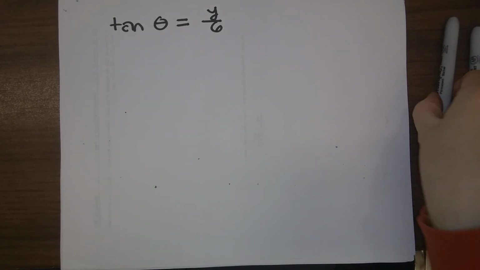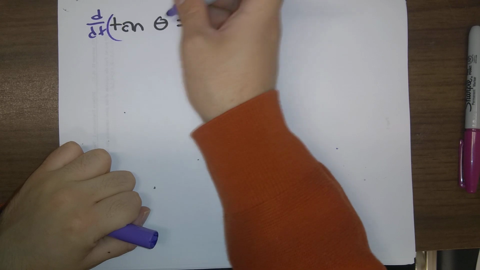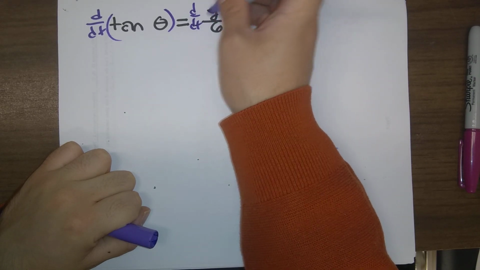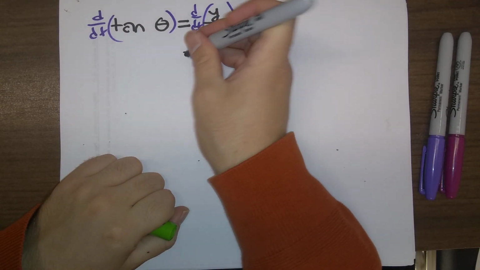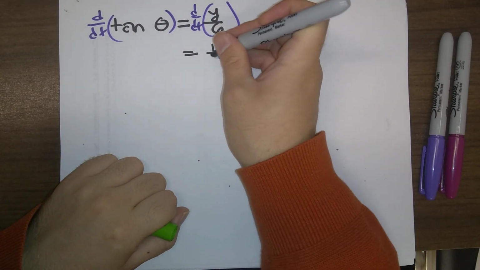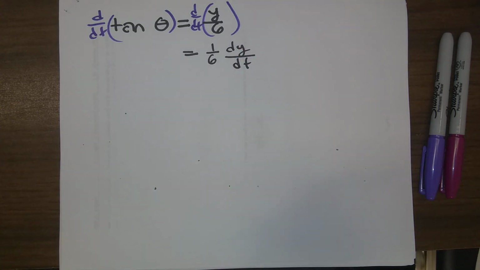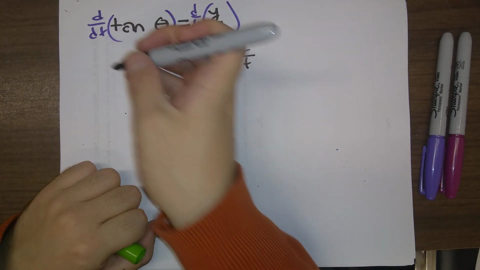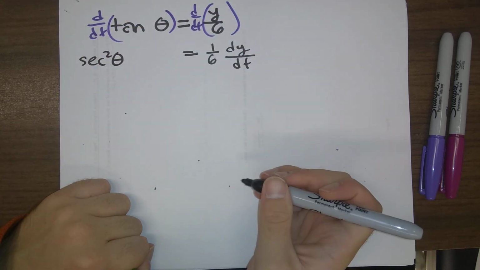And now we differentiate both sides of this with respect to t, as usual. And so what do we end up with? On the right, that's just going to be 1/6 times dy/dt. Pretty straightforward. On the left, the derivative of tangent is secant squared theta.